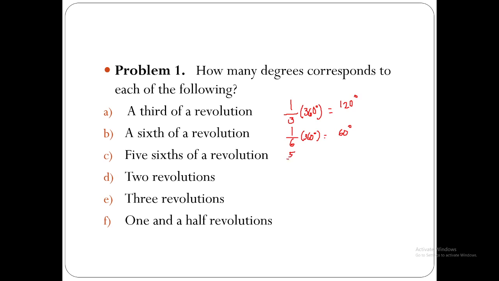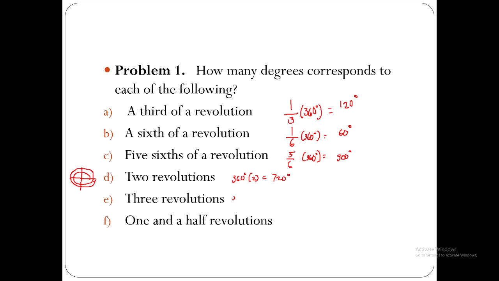5/6 of a revolution, that's 5 over 6 times 360 degrees. So 5 over 6 times 360 would be 300 degrees. Okay, this one is 2 revolutions. So that's 360 times 2 revolutions, that's 720 degrees. So two revolutions in the plane: one is 360, then another revolution, that's 720.